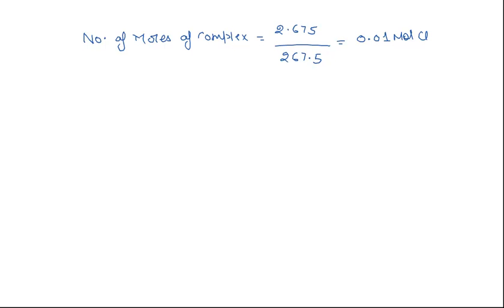So the number of moles of complex is equal to the weight in grams, that is 2.675, divided by 267.5, and then it gives you 0.01 mole of complex, right?